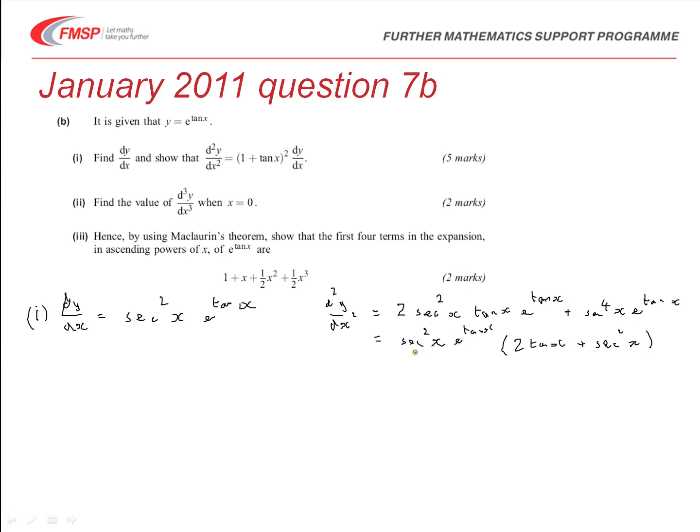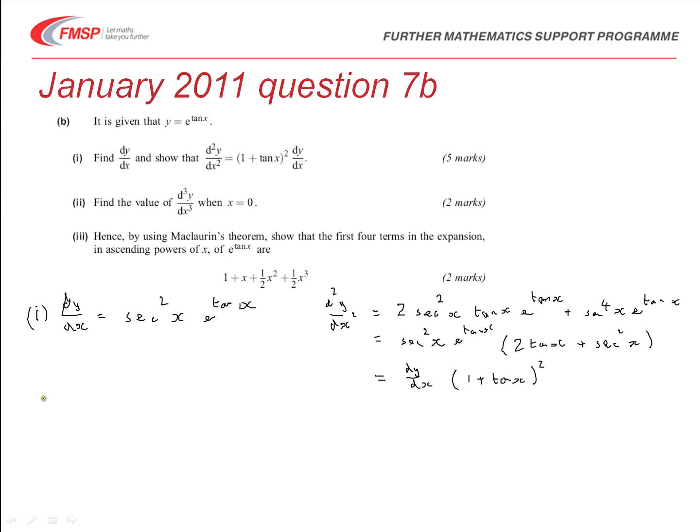And so we can see that this part here, the sec squared e to the tan x, is dy by dx. And then we know that sec squared is 1 plus tan squared, so if you've got 1 plus tan squared plus 2 tan x, then this will become the 1 plus tan x all squared.